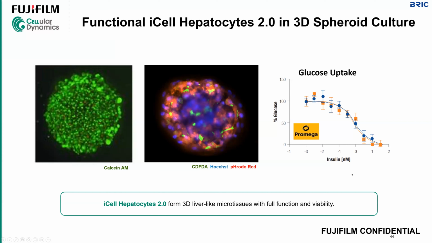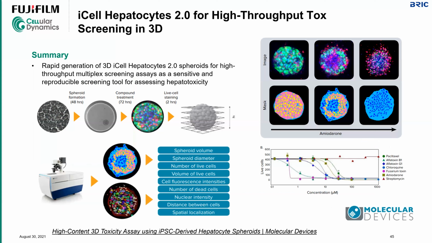The cells were treated with increasing concentrations of insulin, and insulin is modulating glucose uptake, and you can see this beautiful correlation shown here. So again, a beautiful setup, high throughput screening friendly, cost efficient. And it's very easy for us to provide you with information on how to kickstart your research.